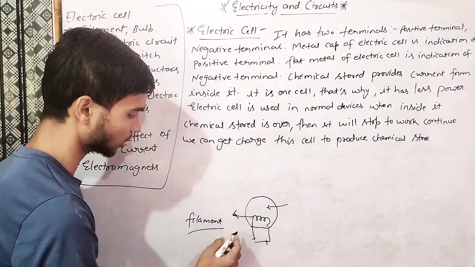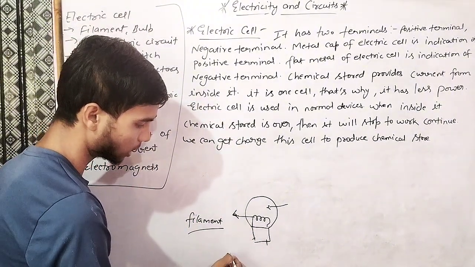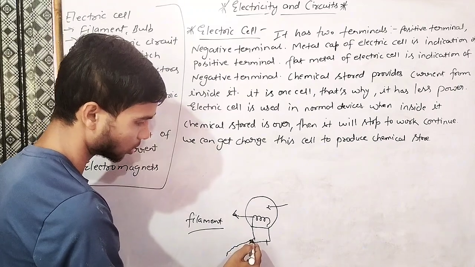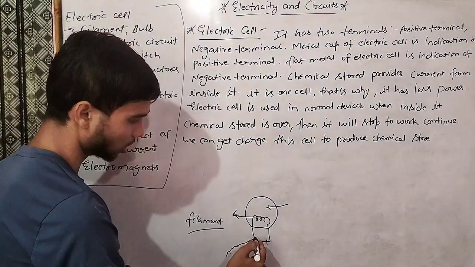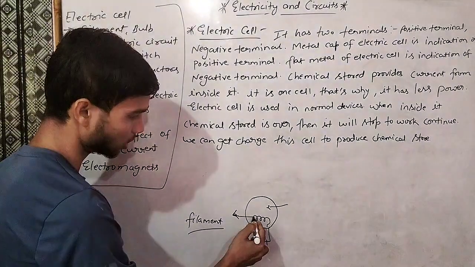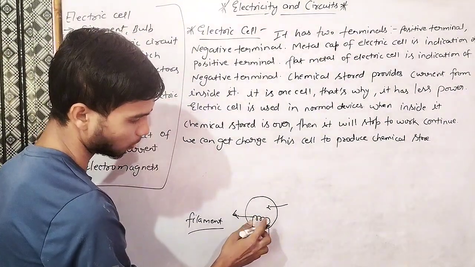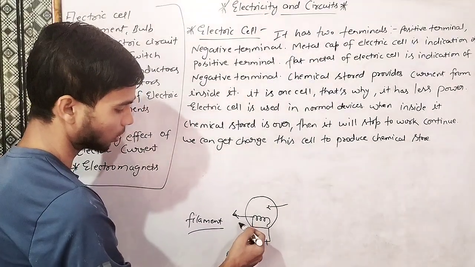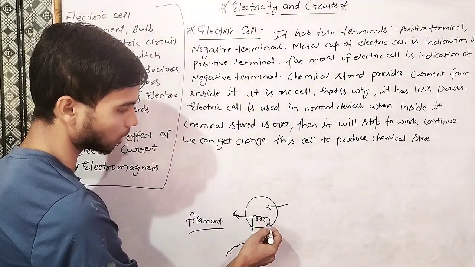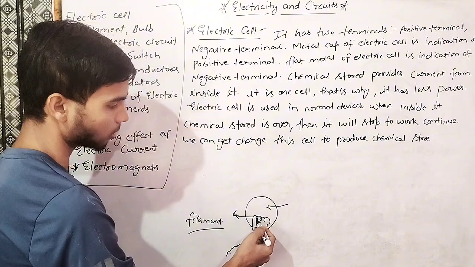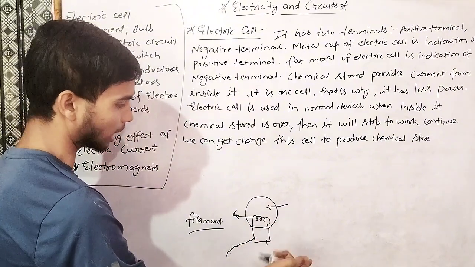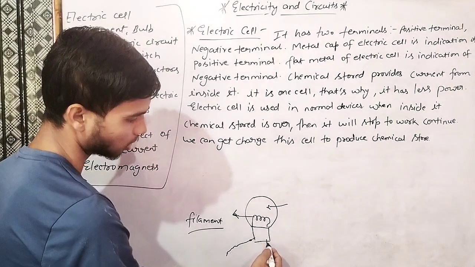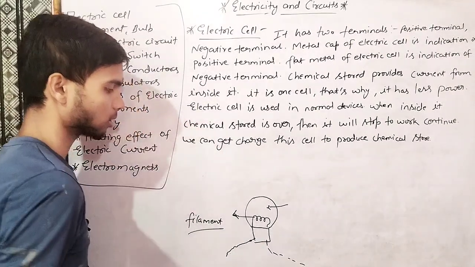I hope we are clear. So current is flowing through the wire like this, then it passes through the filament, and the filament works to glow the bulb. The filament emits the light. Then the current passes through like this.